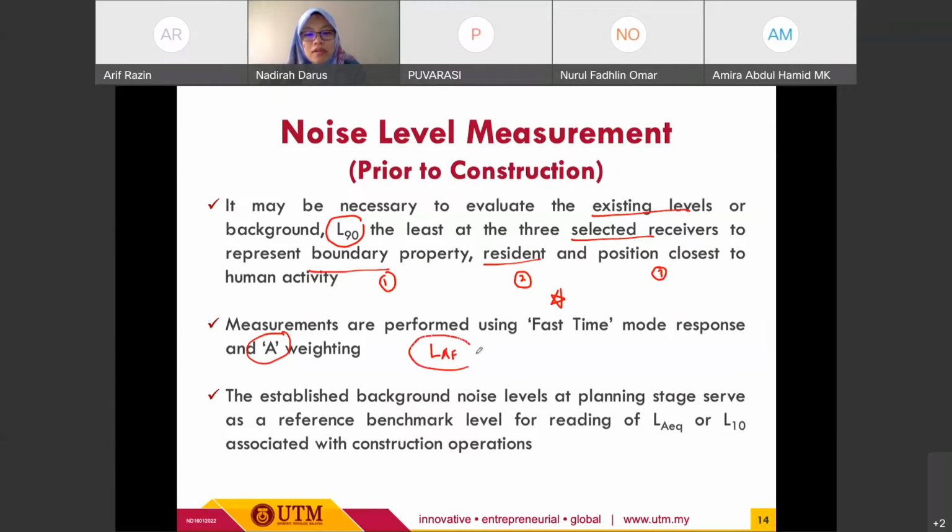So LEM ataupun LAQ, dia refer to the same thing, to the same nilai. And establish background noise ni sangat penting sebab dia dah jadi benchmark untuk reading ataupun dia punya values in terms of LEQ ataupun L10 nanti untuk future construction.